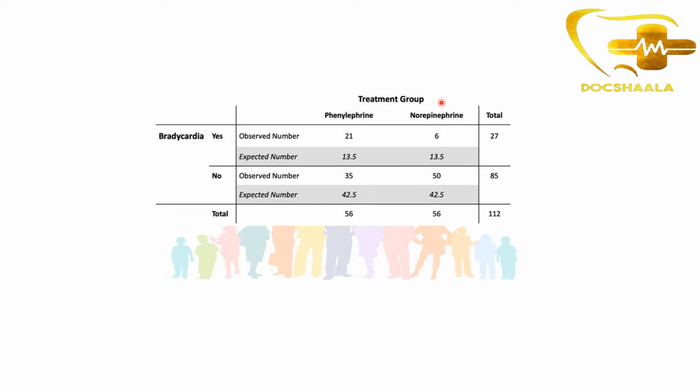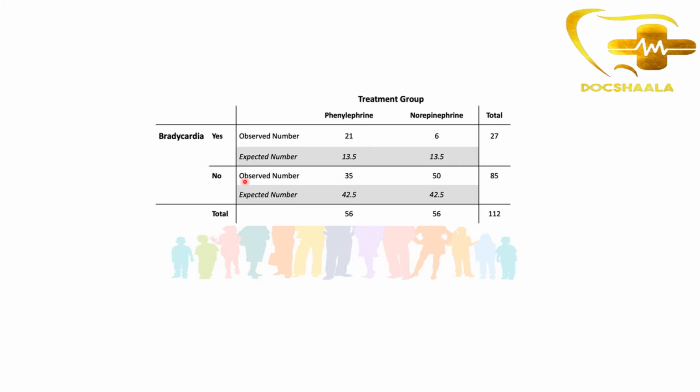In the observed number, 21 people with phenylephrine administration developed bradycardia, and 6 with norepinephrine developed bradycardia. But what we expected was 13.5 people and 13.5 here. So the observed number with phenylephrine is way higher, right?